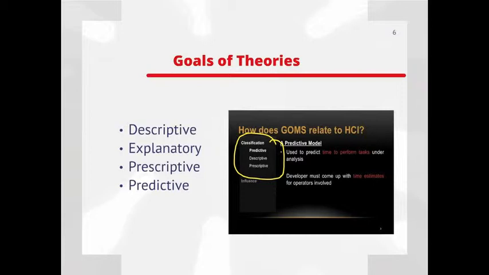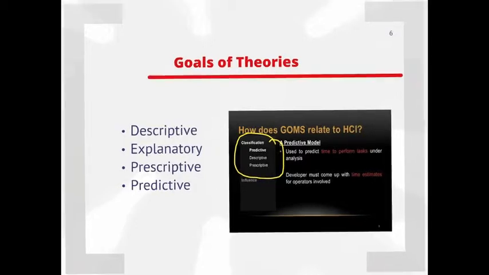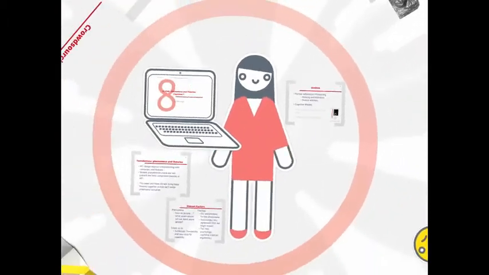Right? These are the guidelines that you see very often in usability checklists and heuristic evaluation. And finally, predictive. Given a particular human computer system, can we predict how well it's going to function, whether it can cater for the types of errors that people make, and how long it might take to execute a certain task.